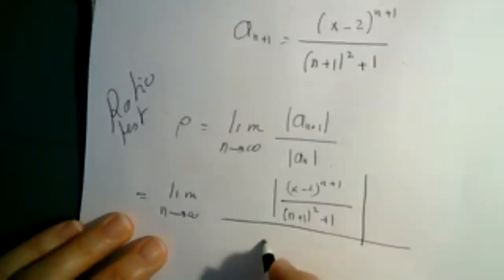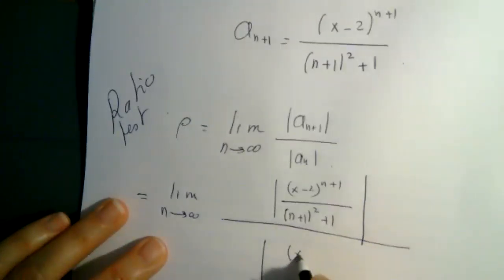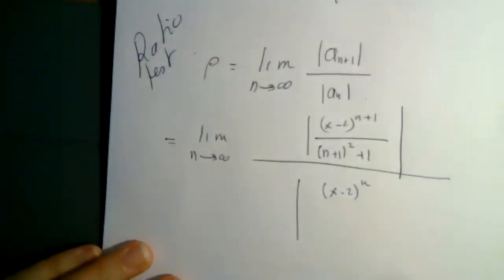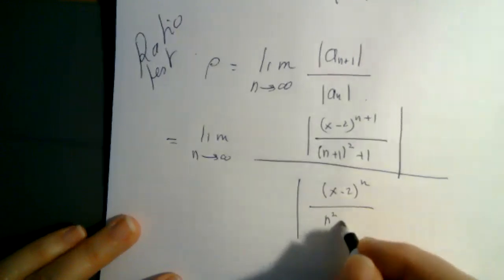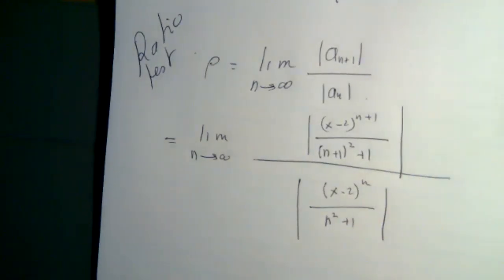Now, what is an? It's the absolute value of (x minus 2) to the n over n squared plus 1.